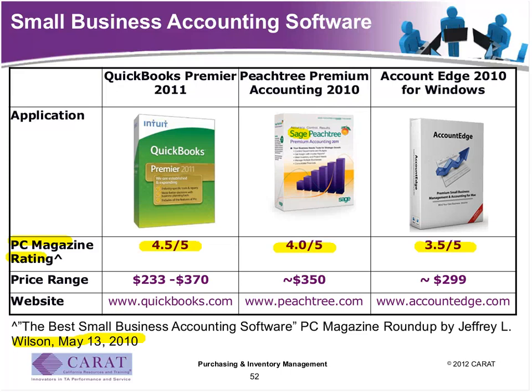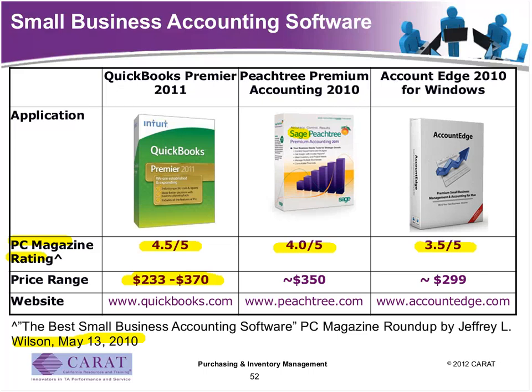Pricing-wise, one of the things you'll note here is there's a certain amount of flexibility with QuickBooks depending on where you buy it and when you buy it. QuickBooks will typically ship a new release. So if you wait till a month before QuickBooks 2012 arrives, you'll pay a much lower price for QuickBooks 2011 because they're trying to get it out of the store.